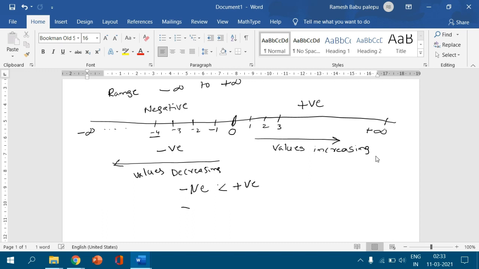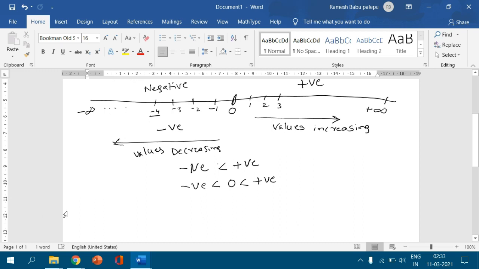That means negative numbers are smaller than 0, and 0 is smaller than positive numbers. For example, -1 is a lesser value than 0, and 0 has a lesser value than +1. Right, friends? We represent it like that.